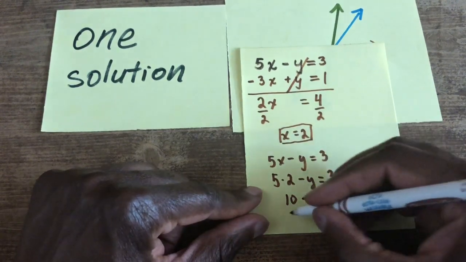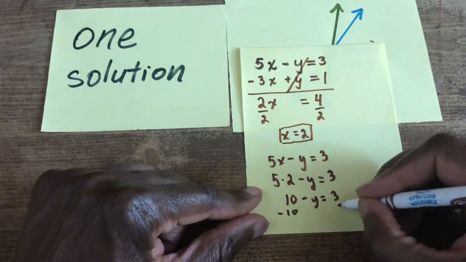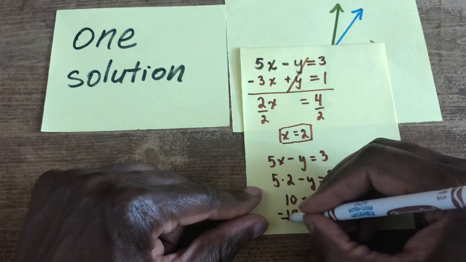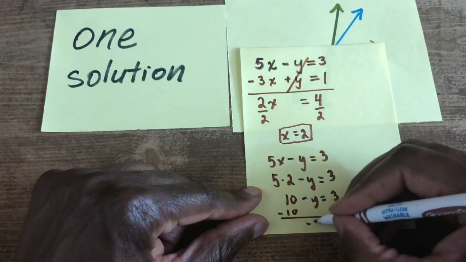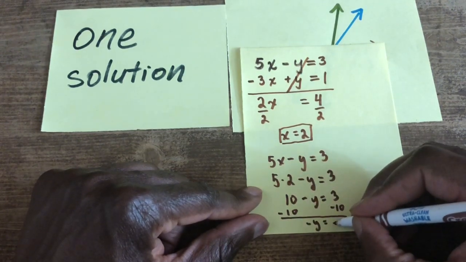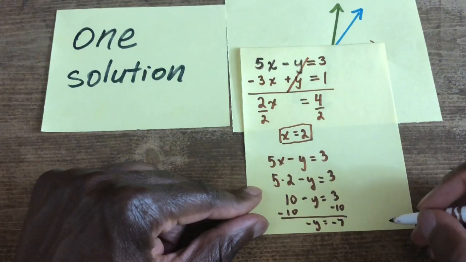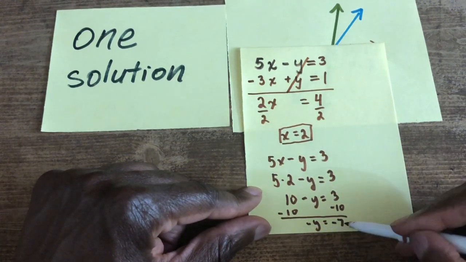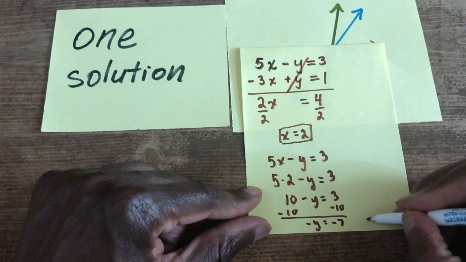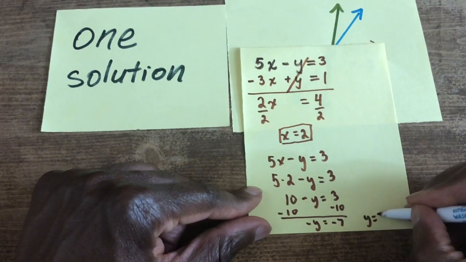Minus 10 on both sides. And I now have negative y is equal to negative 7. Okay? And when I divide both sides by negative 1, I will now have y is equal to 7.